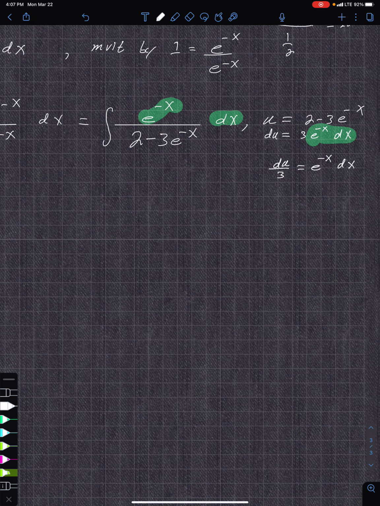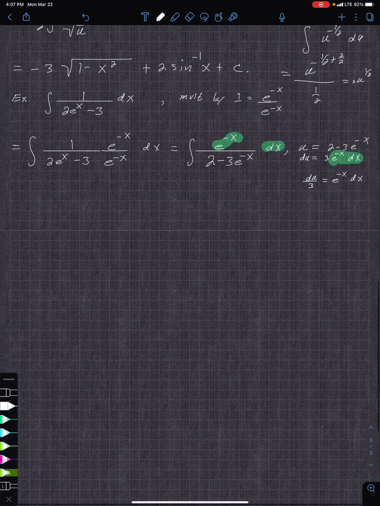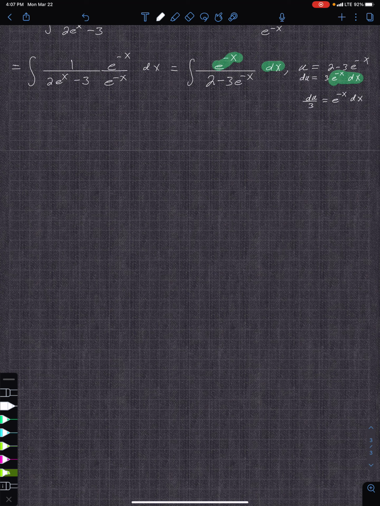Wow, isn't that awesome? That is so cool how that works. All right, so then now we substitute. The 1/3 just comes out, and then that ends up being the integral of 1 over what? What does it end up being? So that's just u, and that's du, including the third. So that's just 1 over u du.